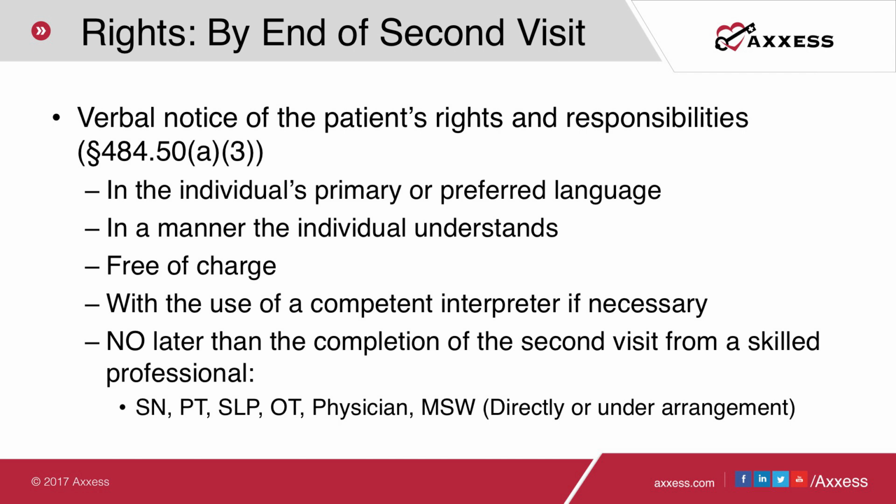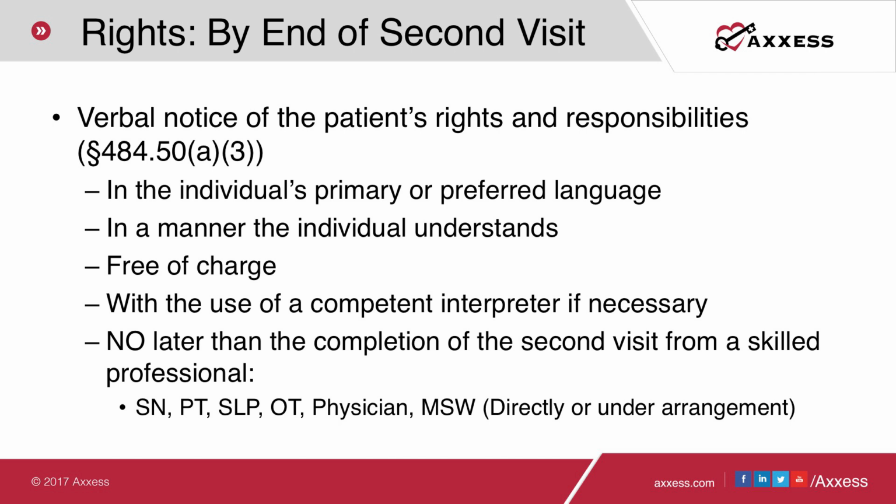However, one of the commenters, and I think this is probably true, said that a lot of times it's overwhelming for the patient and the caregiver to get a written list of rights, then go over those rights with the patient on the first visit, and then go over all the other information the patient needs regarding their care and what's immediately needed to take care of the patient. For that reason, CMS broke it out into having the written part given on initial evaluation, and by the end of the second visit, giving that verbal notice to the patient and their representative.